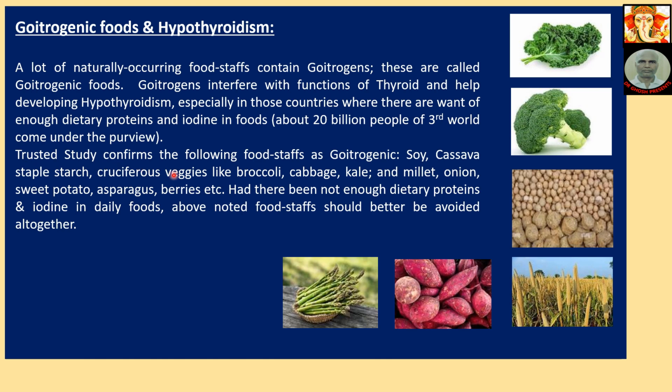A trusted study confirms the following foodstuffs as goitrogenic: soy, cassava starch, staple starch, cruciferous veggies like broccoli, cabbage, kale, and millet, onion, sweet potato, asparagus, berries, etc. If there are not enough dietary proteins and iodine in daily foods, the above noted foodstuffs should better be avoided altogether.